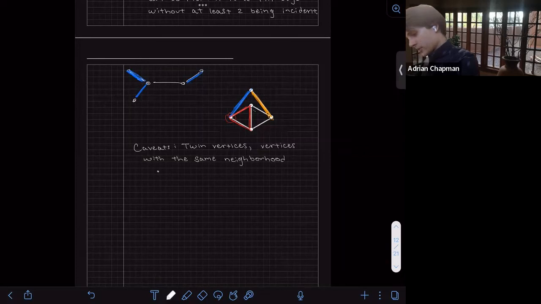I believe in the literature, true twins are vertices with that property that are neighboring, and false twins are non-neighboring. I don't think I've got this mixed up.